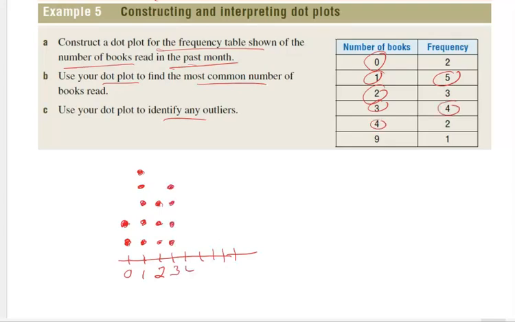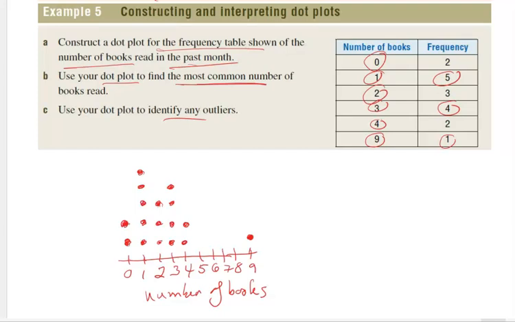And 4 books, there's 2. And then we jump to 9, so we're still going to write 5, 6, 7, 8, and 9, and there's just no data until we get up to 9. So that is our dot plot, showing the frequency of, I should call this, number of books.